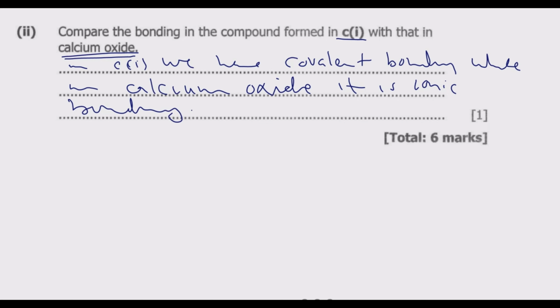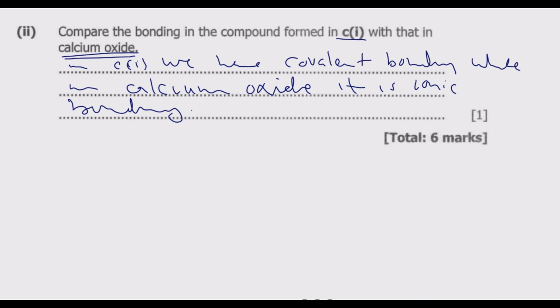Calcium specifically loses 2 electrons, then oxygen gains 2 electrons. So oxygen has a -2 charge, then the calcium cation has a +2 charge. These opposing charges bind together, so they form a compound known as calcium oxide.